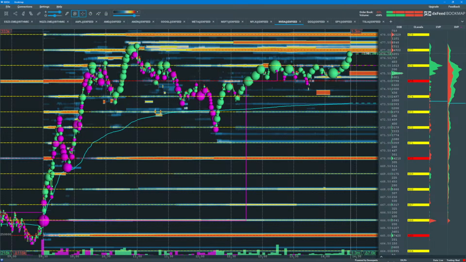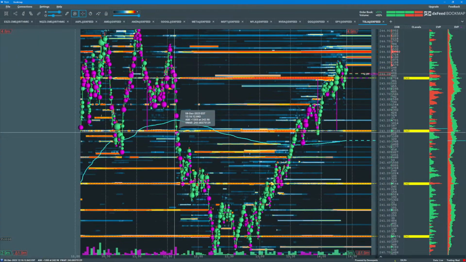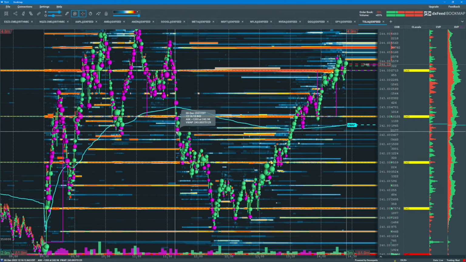All right, then Vihu wants to take a look at Tesla. Let's take a look at Tesla. Pretty choppy day here in Tesla, up and down. Let's see what options traders are doing.